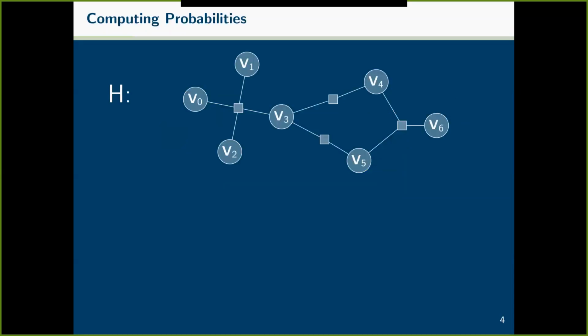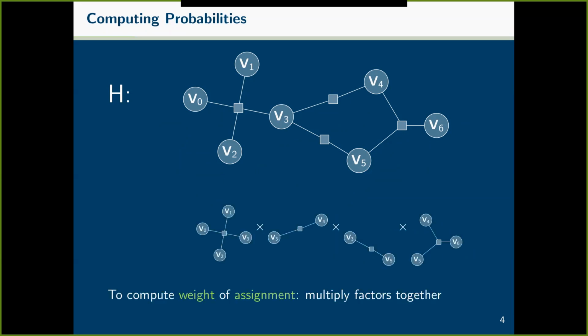Okay, so let me give a quick review of how probabilities are computed in a factor graph. If you want the probability of an assignment under this model, then you just multiply all the factors together. That gives you the weight.